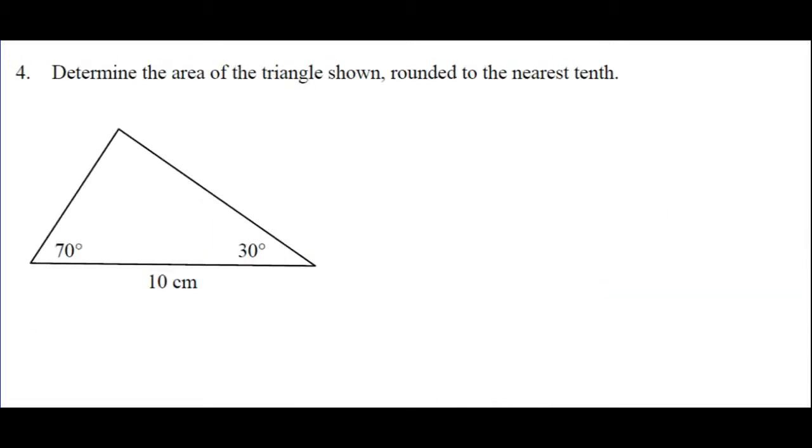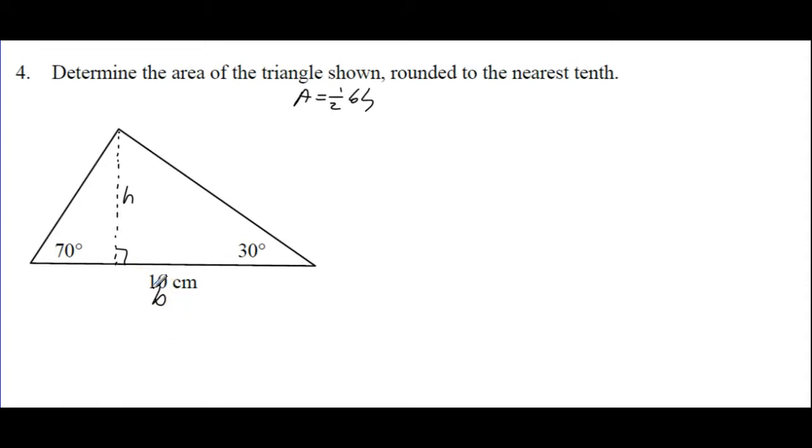Moving on, number 4, determine the area of the triangle shown. Well, to get area, remember area is 1/2 base height. So we're going to need a height. And this will be the height. Area is 1/2 base height, and this will be the base. So, what do we need to find out?